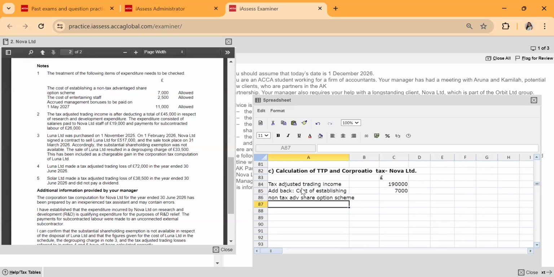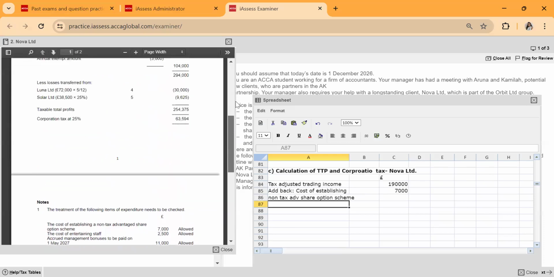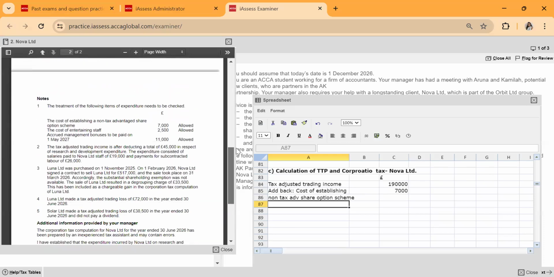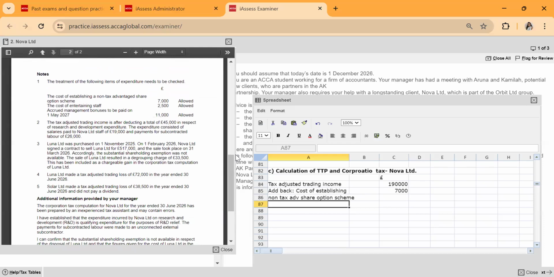Accrued management bonuses to be paid on 1st May 27. And when is our period ending here? 30th June 26. So this will be paid on 1st May 27. Correct? So it does not belong to this period. Hence, we will not take it here, because it is a part of the next accounting period.